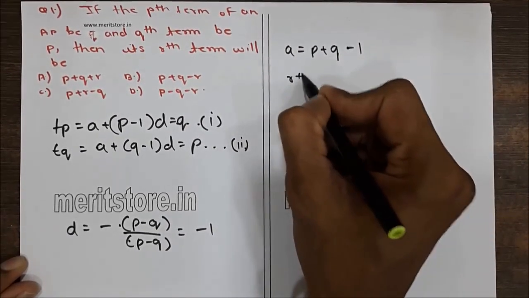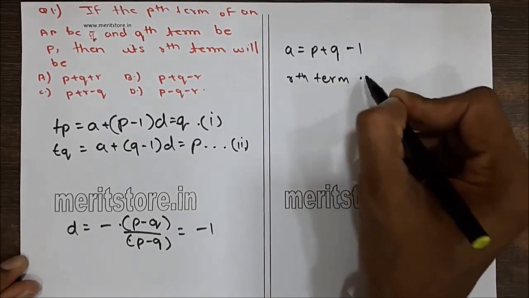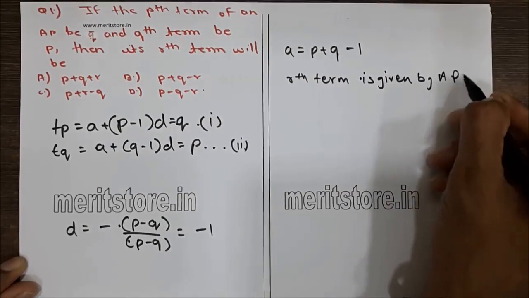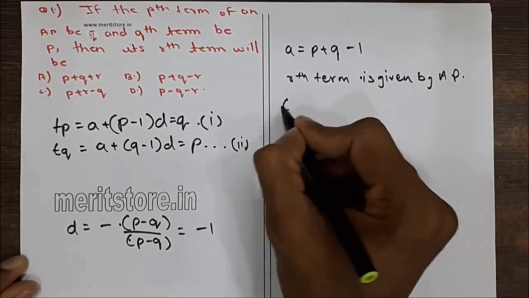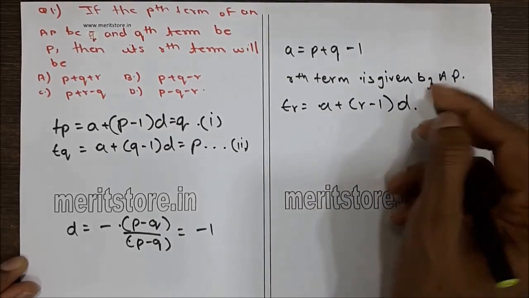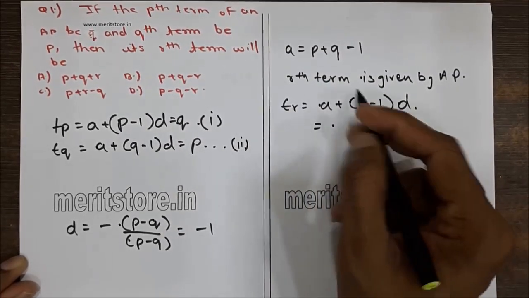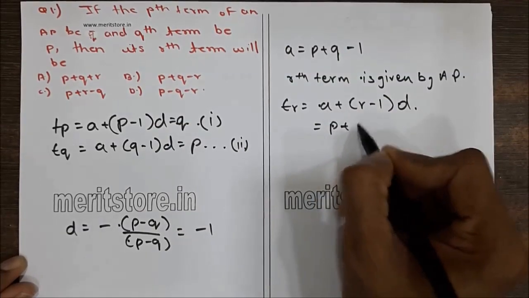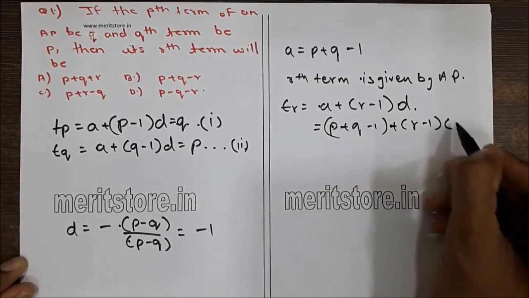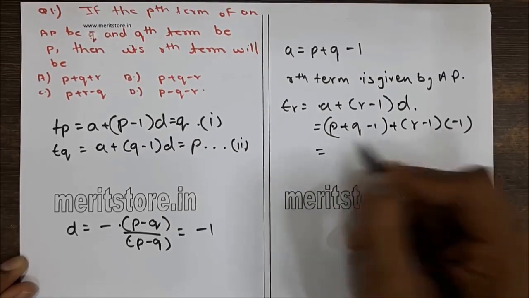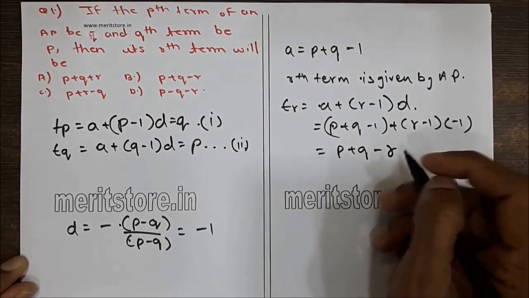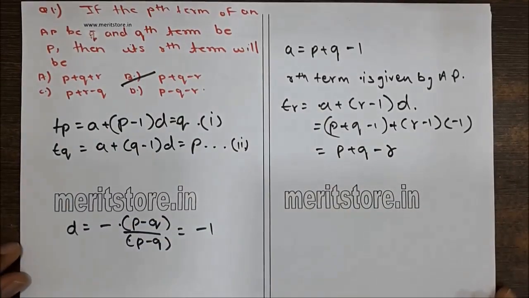Now the Rth term is given by the AP, that is T of R is equal to A plus (R minus 1) D, which is equal to, we can write A as P plus Q minus 1, plus (R minus 1) times minus 1. We solve this, we get P plus Q minus R, which is our option B. Therefore option B is the correct answer.